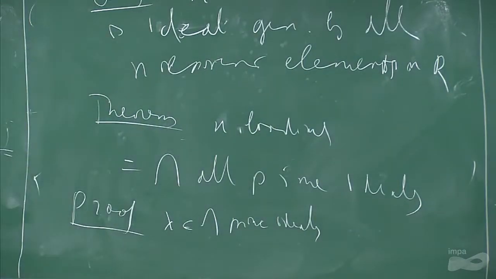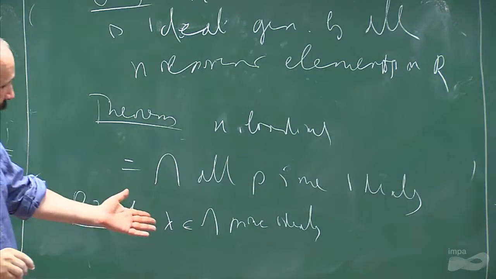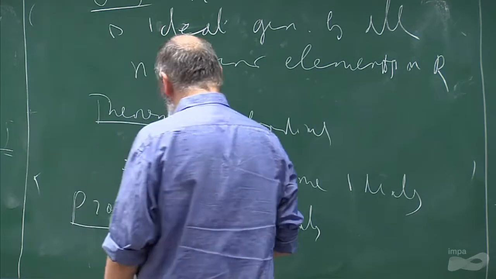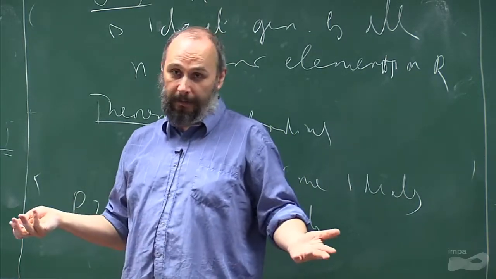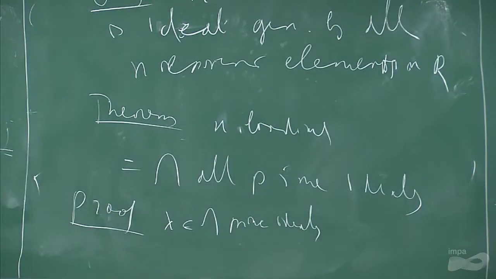Now we take the localization with respect to x, so R_x. If this is a zero ring, this would mean that x is nilpotent, and we are done. If x is non-nilpotent, this is a non-zero ring. But then it has a maximal ideal by the lemma.